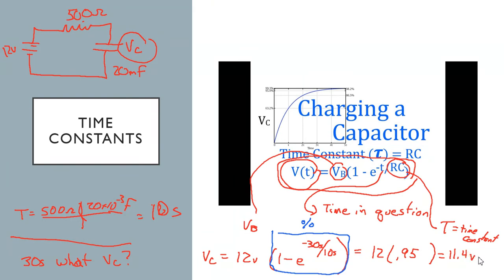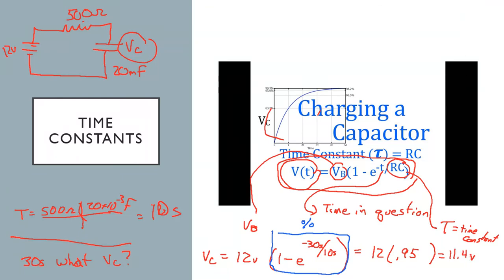It's going to be almost fully charged, but again, we know the charging follows this pattern, which is right here. So after the first time constant, it's already at 63.2%, right? And after the third time constant, it's pretty much at 95%, which is just what this graph is showing us. So it sounds right. So we're going to be at 11.4 volts, and then we can calculate everything else we need.